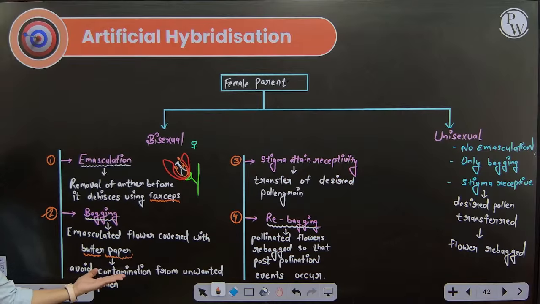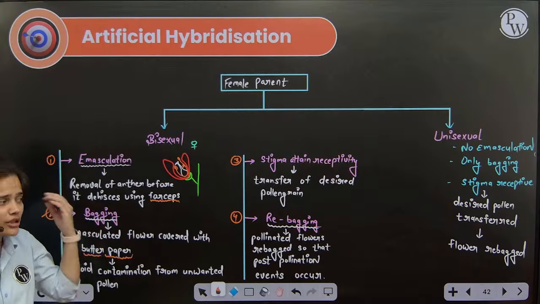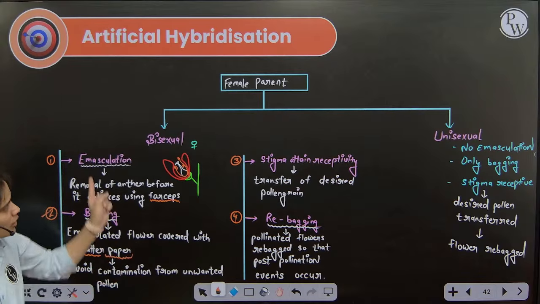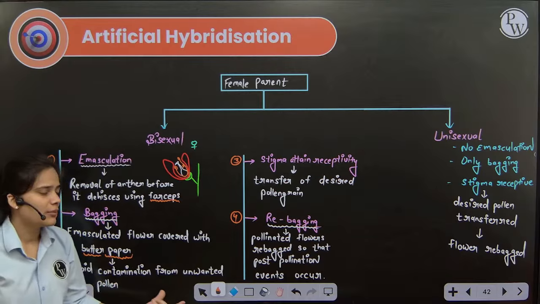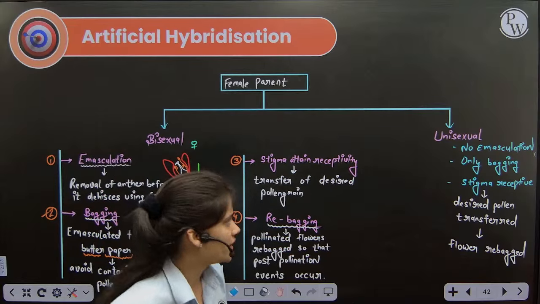In order to avoid contamination from unwanted pollen grains, I only want the pollen grain which I selected to pollinate here. So the emasculated flower is covered with the bag.